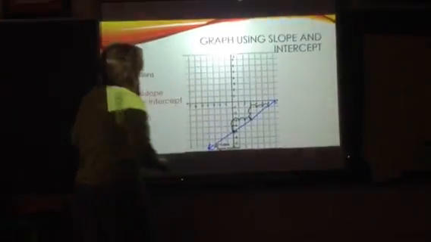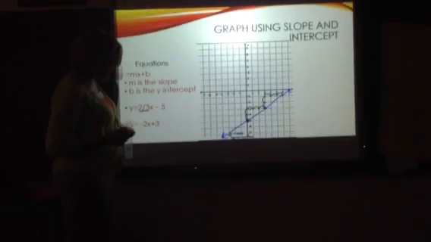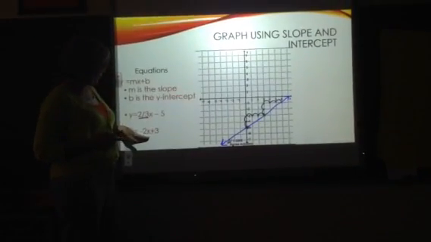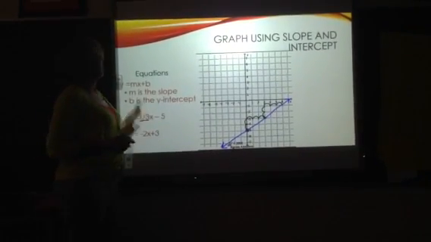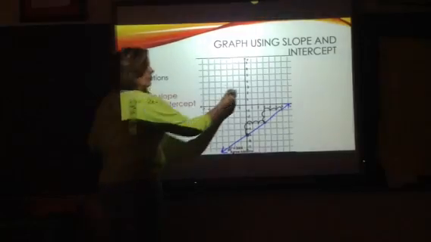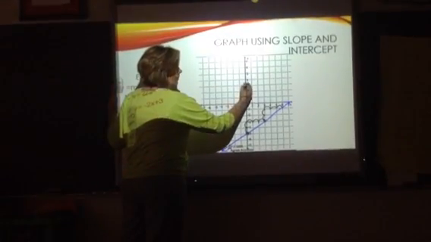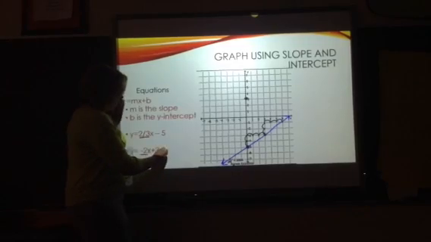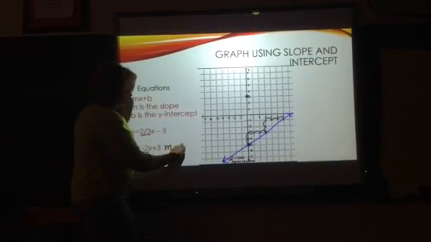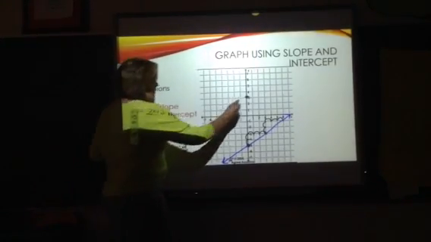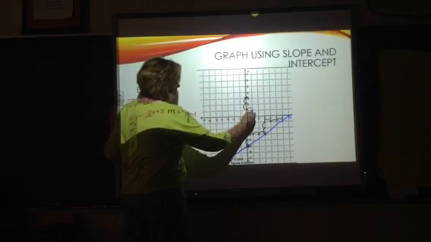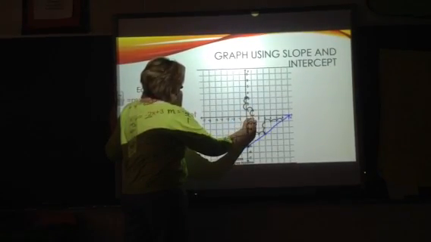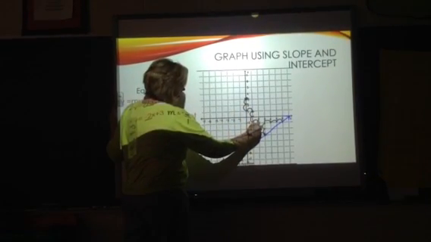Then I'll graph my second equation, y equals -2x plus 3. I'm going to start at the positive 3. And then my slope is -2. That's the same thing as -2 over 1. So I'm going to go down 2 and over 1. Down 2 and over 1.